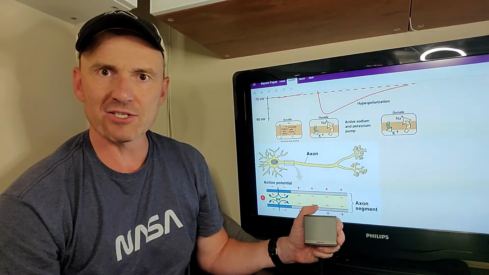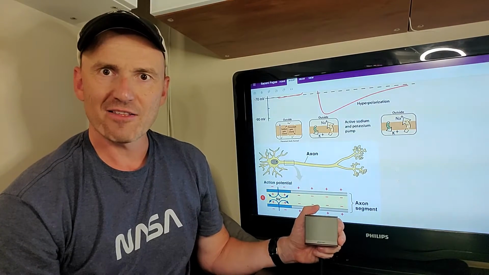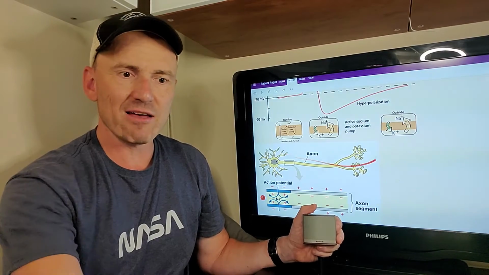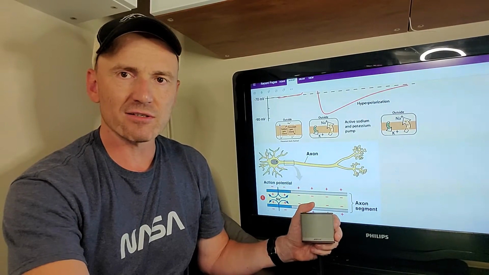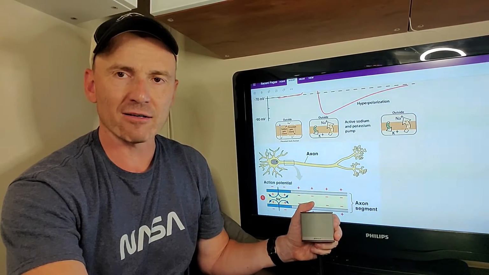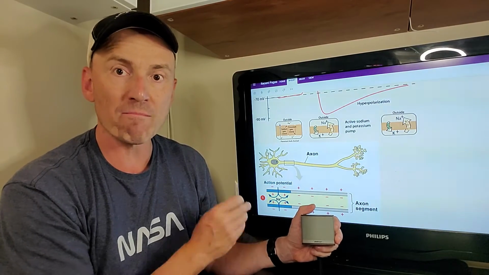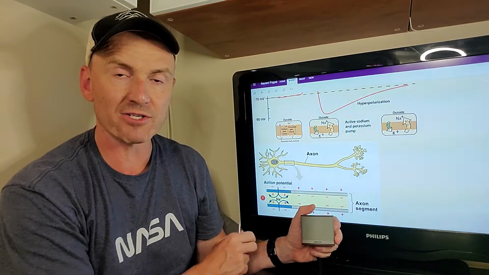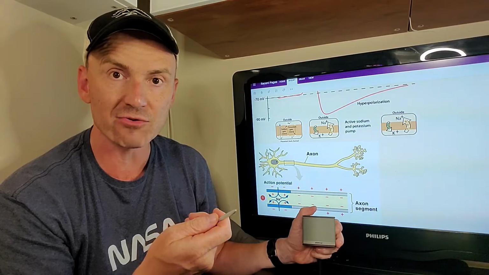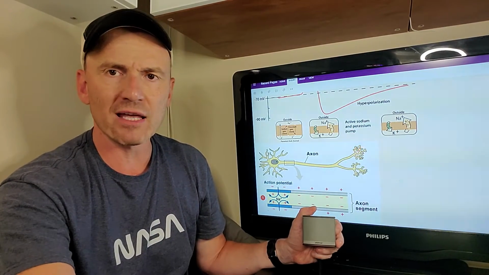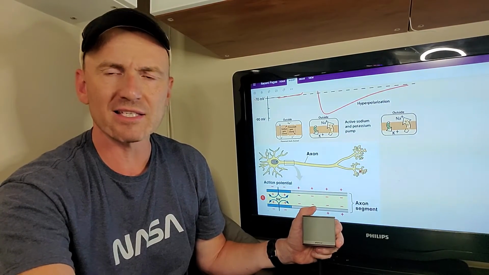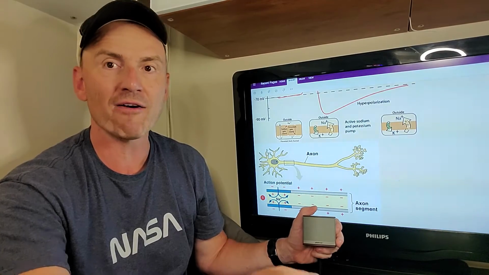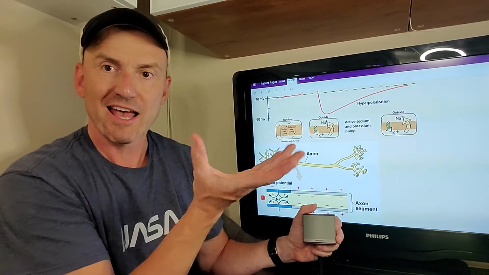But I can increase the signal by increasing the amount of motor neurons that fire, and now more individual muscle fibers are contracting, and the muscle fibers are the things that do work. So remember, a motor neuron ends up signaling a group of muscle fibers. So now I'm engaging more muscle fibers to contract.